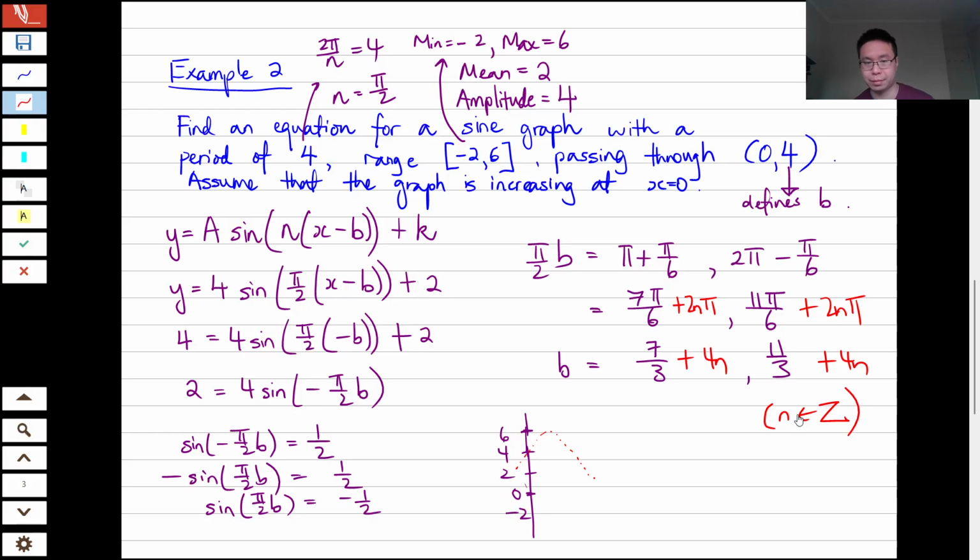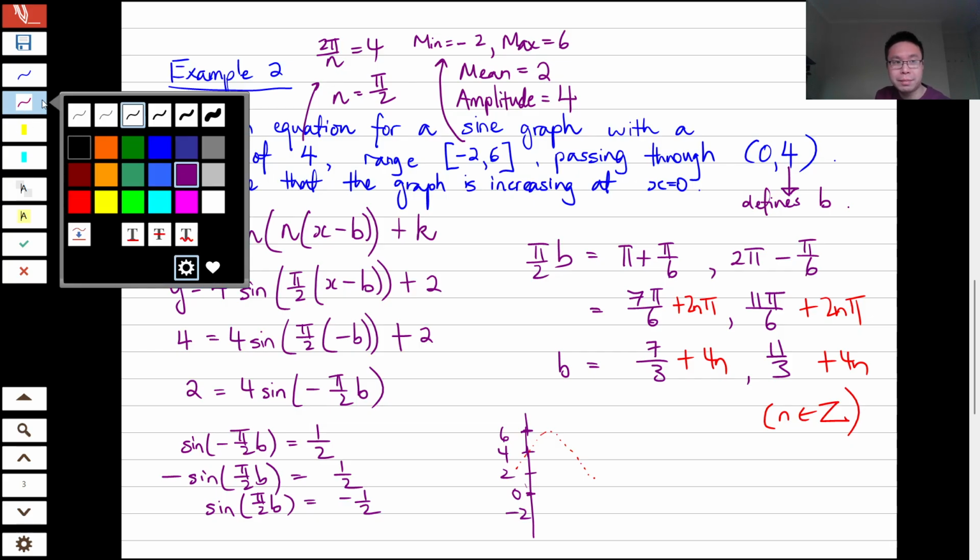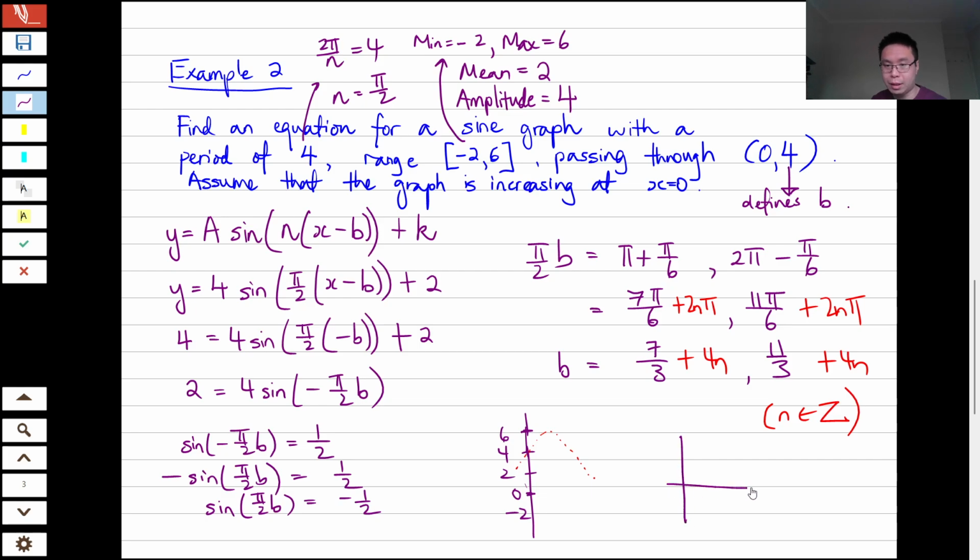Now, when is a sine graph increasing? Let's think carefully. This is the original sine graph. The graph of sine is increasing for values between 0 and pi on 2 and 3 pi on 2 and 2 pi.